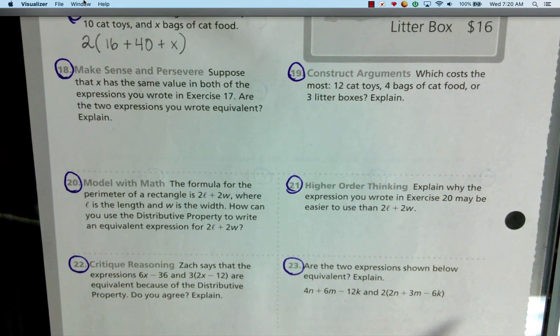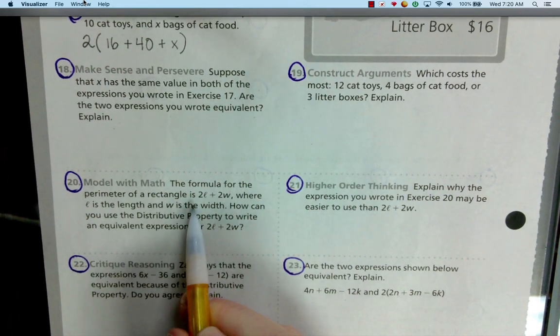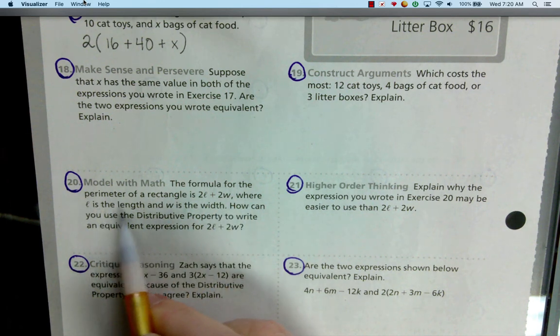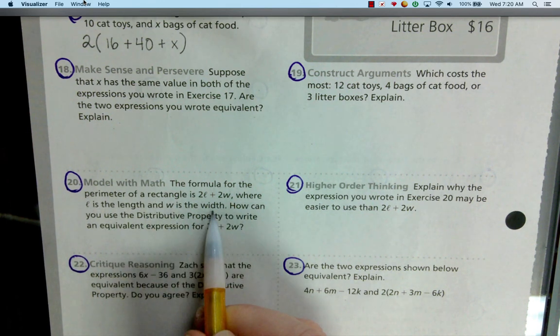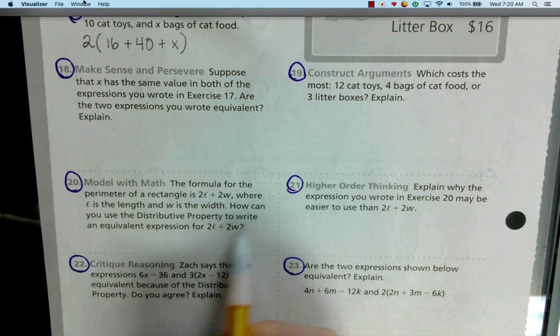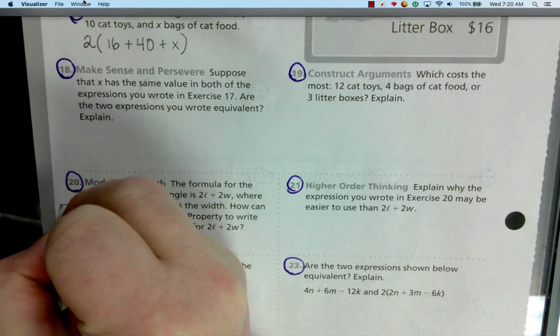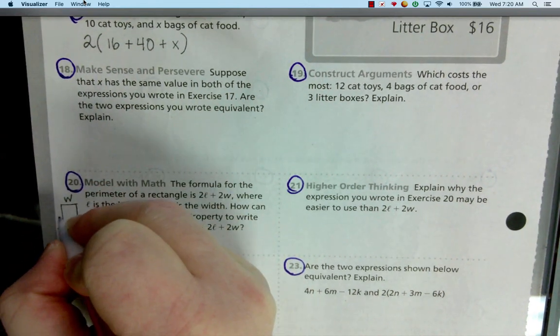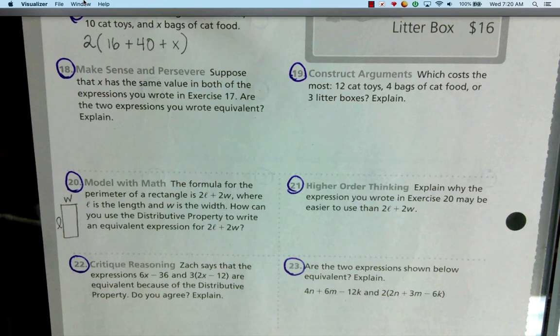20. The formula for the perimeter of a rectangle is 2L plus 2W, where L is the length and W is the width. How can you use the distributive property to write an equivalent expression for 2L plus 2W? So look at it like this. If this is W and this is L, okay?